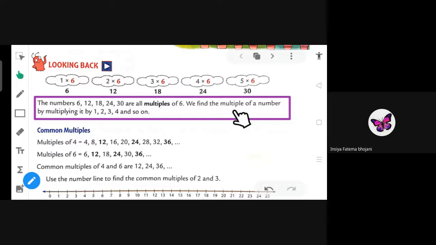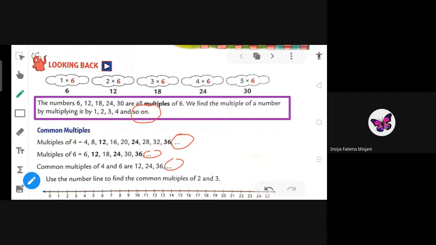Then we find the multiples of a number by multiplying it by 1, 2, 3, 4, and so on. Here, "so on" means you can continue the same way with other numbers. You can see this symbol also. It means it has endless multiples. There is no end to the multiples.